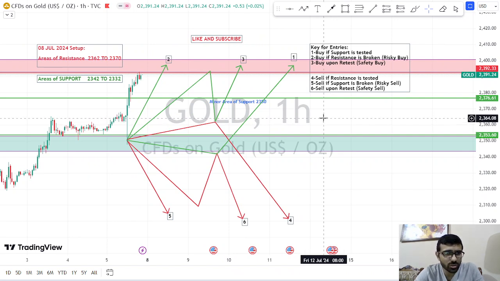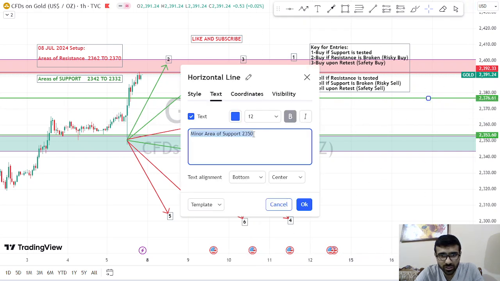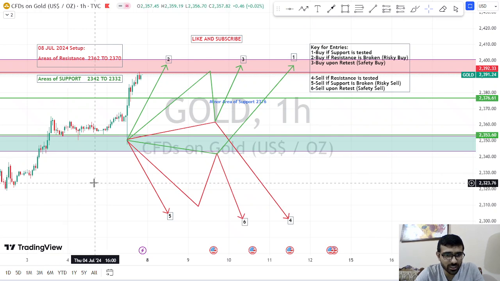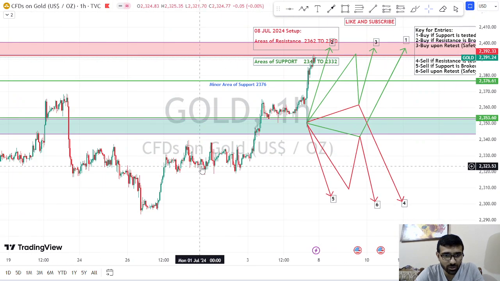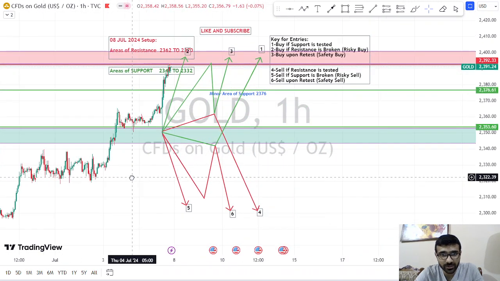Let me move this area. The minor area of support is now 2376 instead of 2350, and there's a good chance that the market might take a pullback till here as well. So just be vigilant.